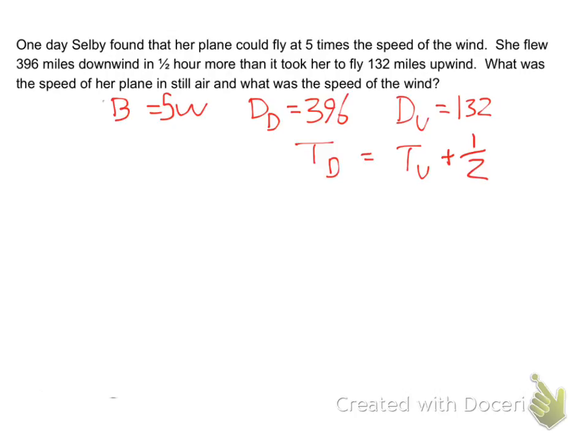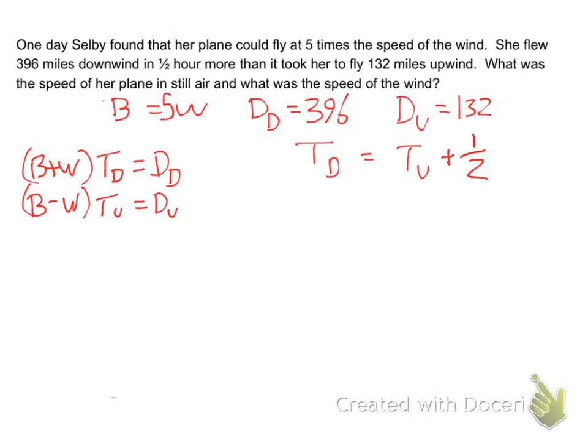Sometimes it makes more sense if you take those distances out of there. Now, what were those equations? It was B plus W, and that would be for your time down, distance down. And I would subtract the wind if I'm going up. Start loading in the stuff you know. Do you know B or W? Technically, you have a connection. B is 5W.